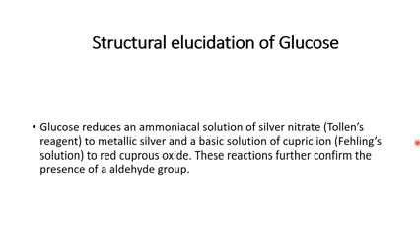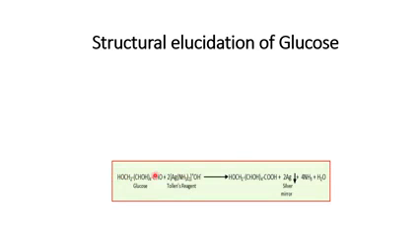Fehling's solution is sodium potassium tartrate, that is Fehling's B, and copper sulfate, that is Fehling's A. When they mix together, it is called Fehling's solution, which is reduced to red cuprous oxide while glucose gets oxidized. Basically Fehling's solution is a mild oxidizing agent. This further confirms the presence of an aldehyde group.